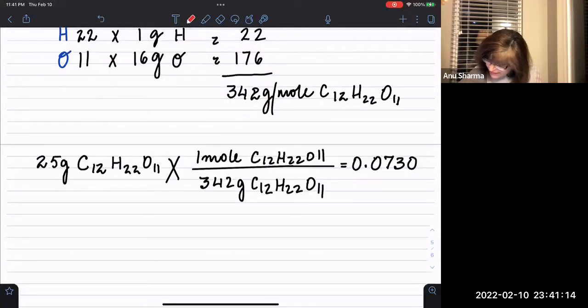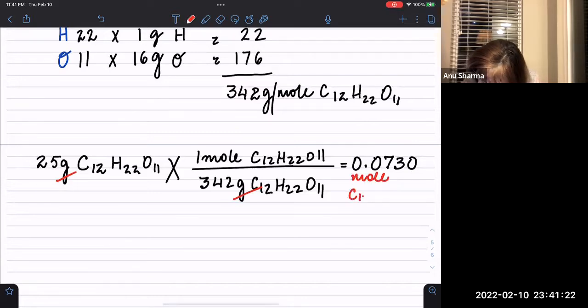The grams and the grams cancel out, and you're only left with the moles of C12H22O11.